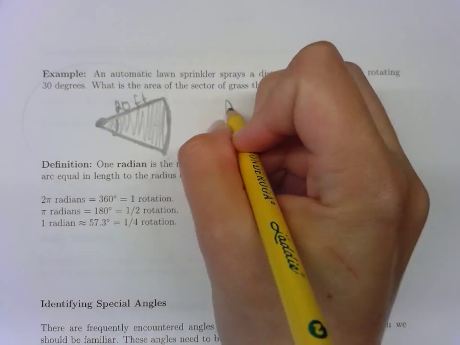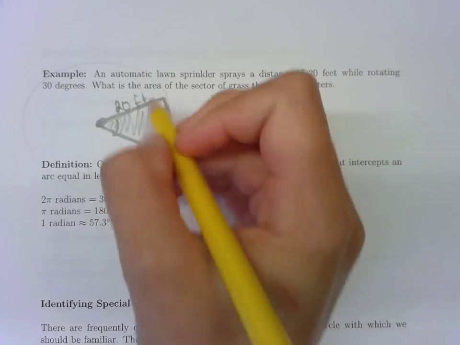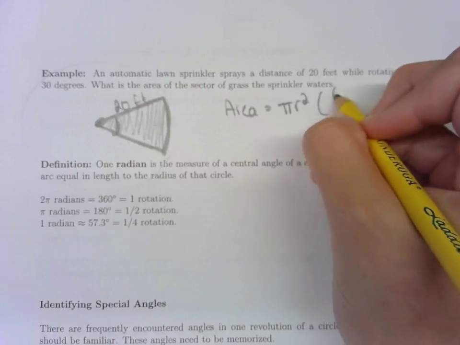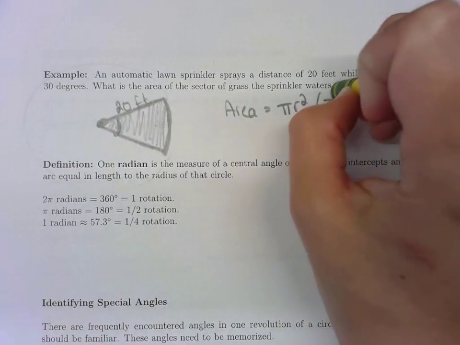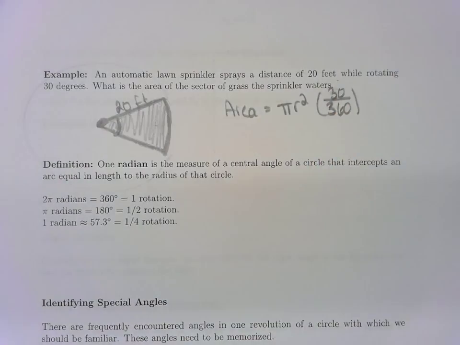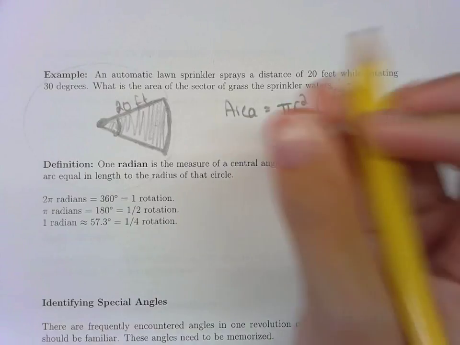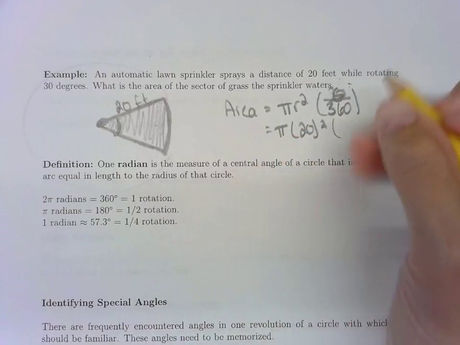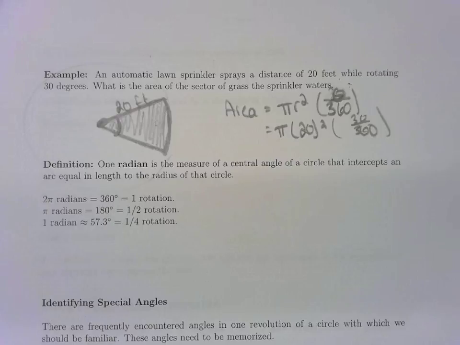So the area is pi r squared. That's the area of the whole circle. But we just want this portion, which angle-wise would be theta over 360, which instead of theta, we have 30 over 360. Actually, no, let me change this to theta and then I'll fill it in. Sorry. So this is pi r squared, 20 squared, and then theta here is 30 over 360, which I'm just going to plug all this into my calculator.